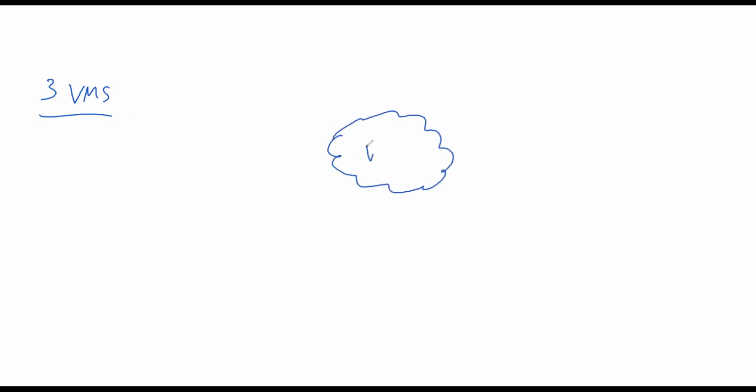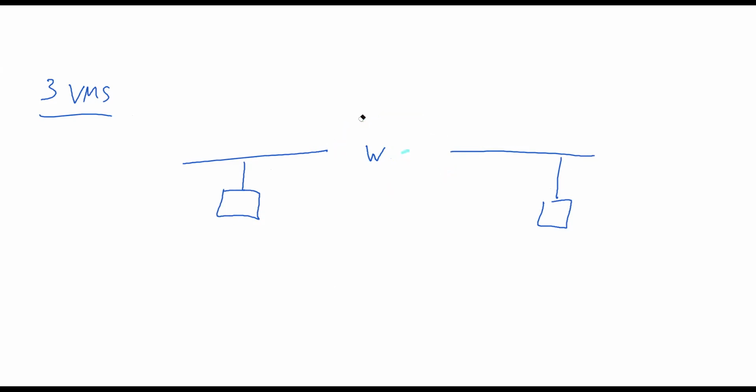of another scenario where we have a web like this, and then we have 2 computers. Now, to simplify things, even though this is supposed to be the web, just make sure that it's the same switch, okay?